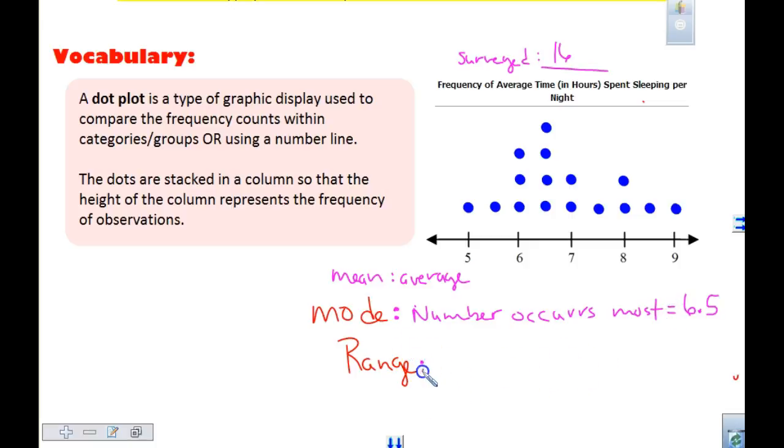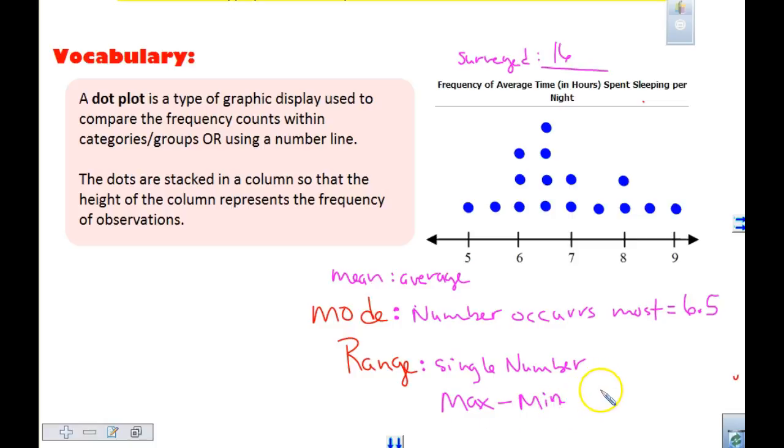The range, we usually want that as a single number. So how do we get it as a single number? Anyone remember what the range is? It's when you take the maximum, the largest one, minus our minimum. So the largest number, maximum minus the minimum.